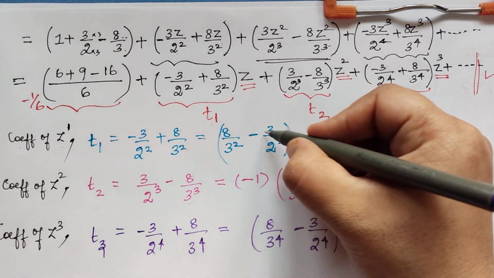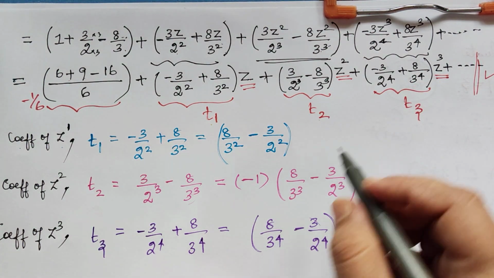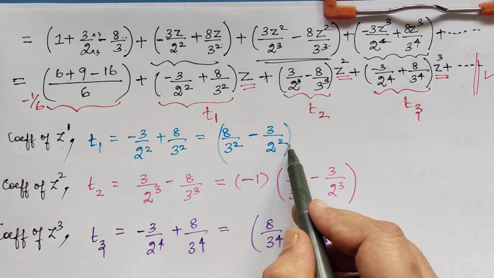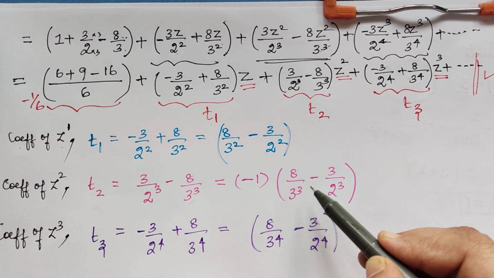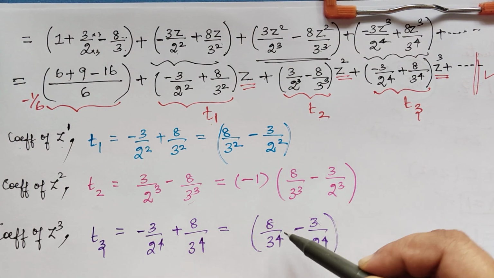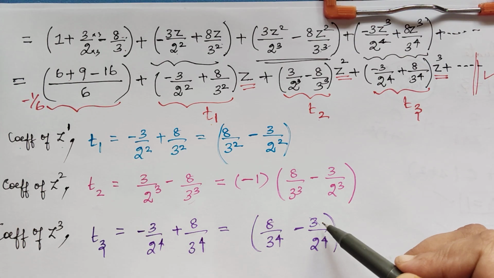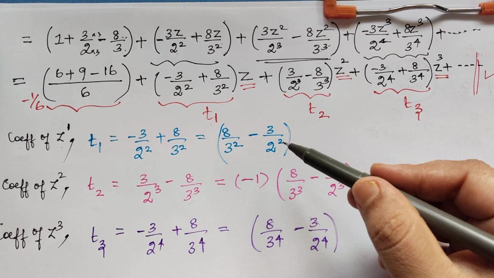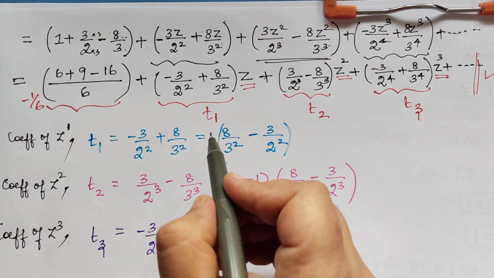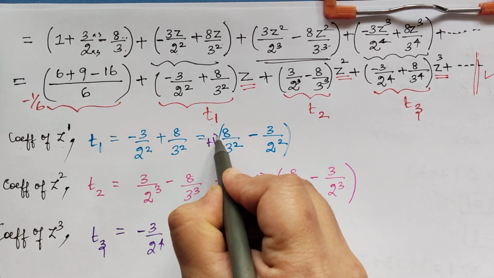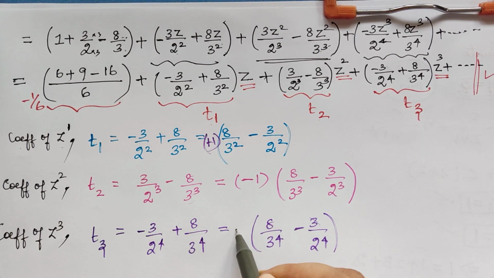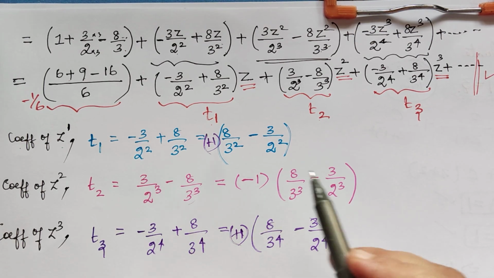So if you see, all will be of similar type: 8 by 3 square minus 3 by 2 square, 8 by 3 cube minus 3 by 2 cube, 8 by 3 power 4 minus 3 by 2 power 4, except for the signs. Here it is plus 1, here it is minus 1, and here also plus 1. So this is how we have.